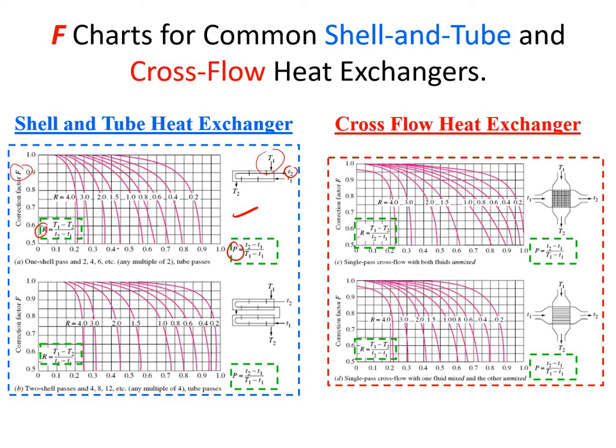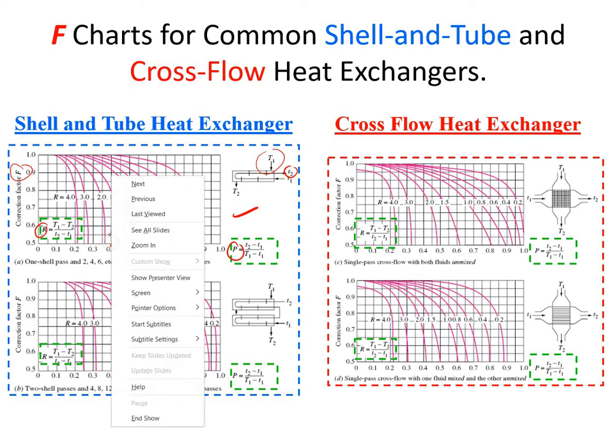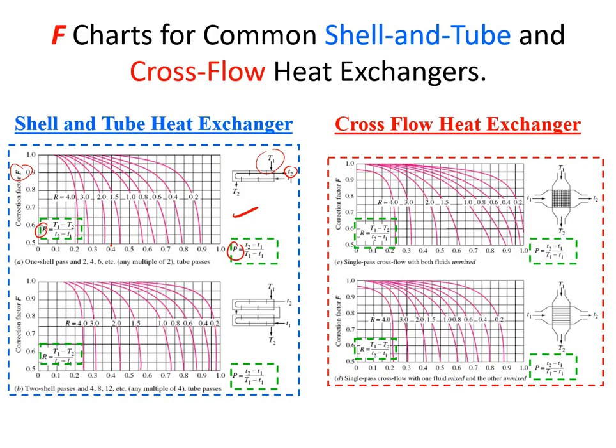For example, you get P around 0.4 here, and then your R is 1.5. So you just draw a straight line here to the pink line, and then move the line to the y-axis, and you will get the correction factor, which is 0.8.